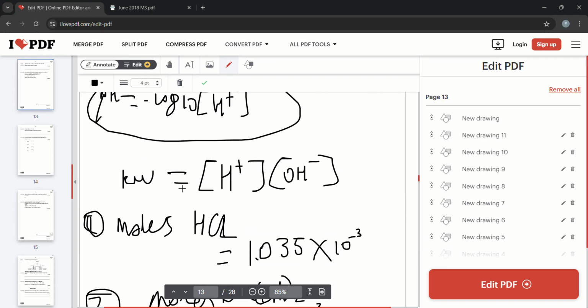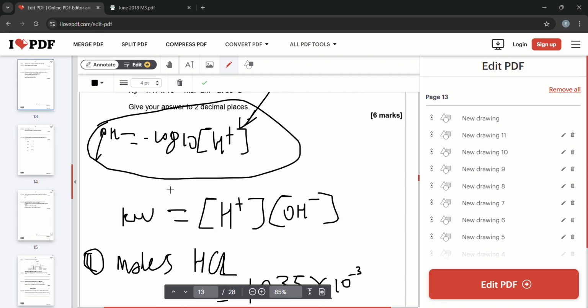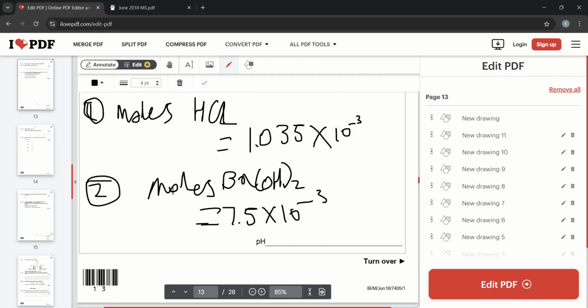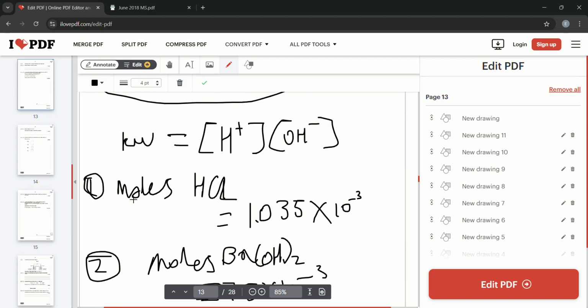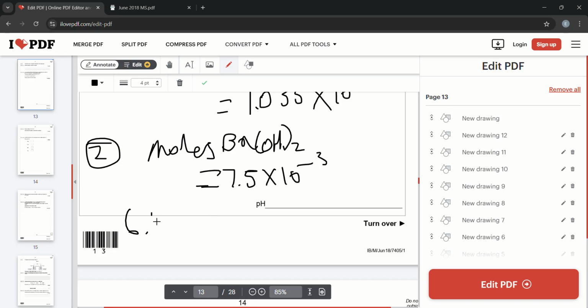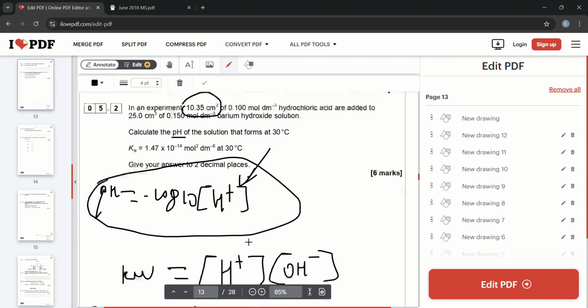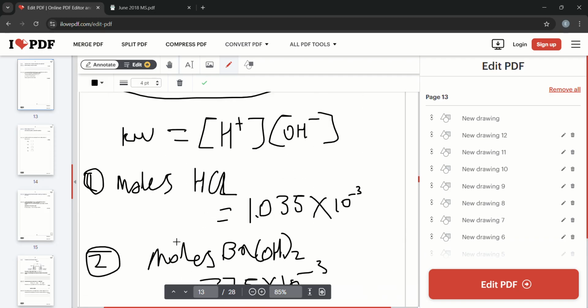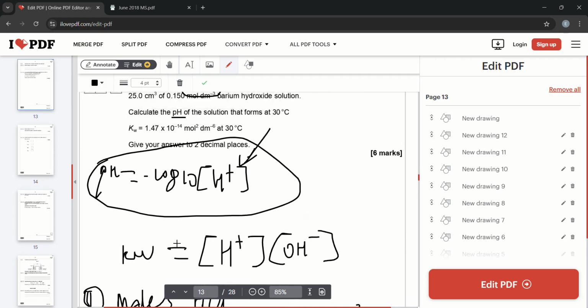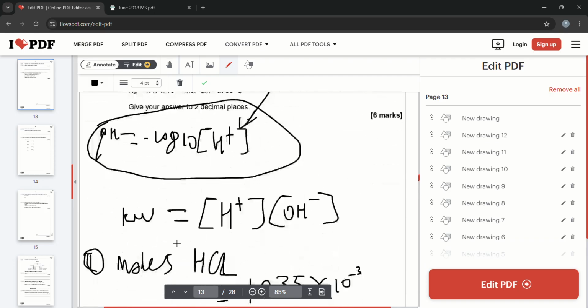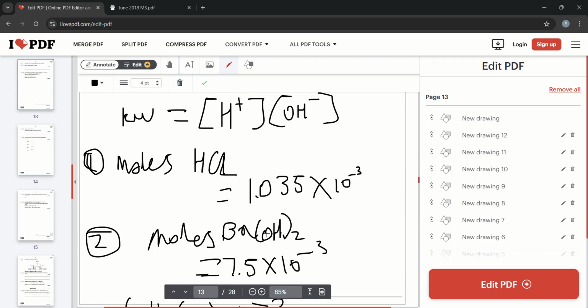Well, we do 7.5 times 10 to the power minus 3 minus 1.035 times 10 to the power minus 3, which gives me 6.465 times 10 to the power minus 3, and this is the remaining moles of OH minus.